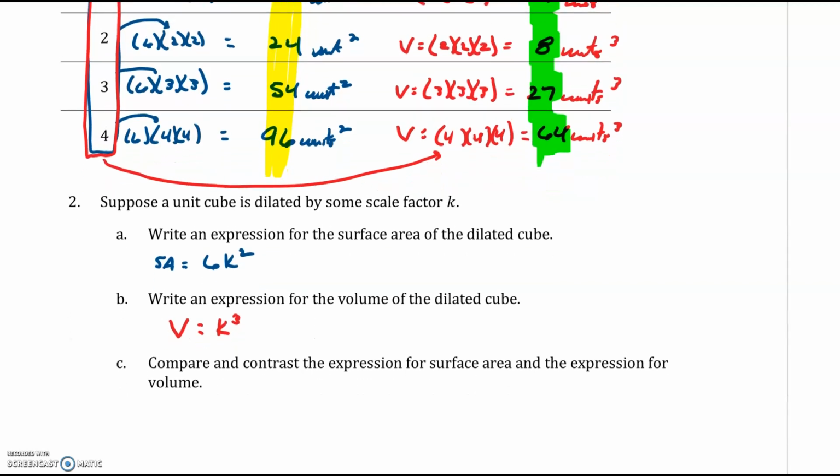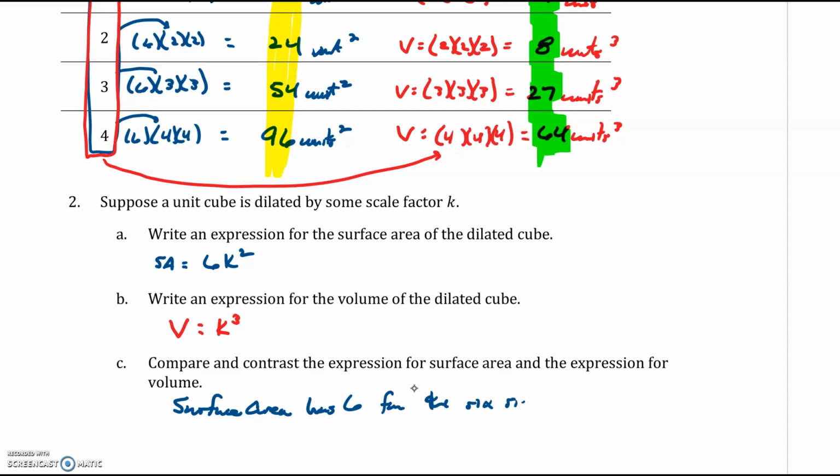Now, let's compare and contrast these. So the expression for the surface area, I notice the surface area has a 6 for the 6 sides.